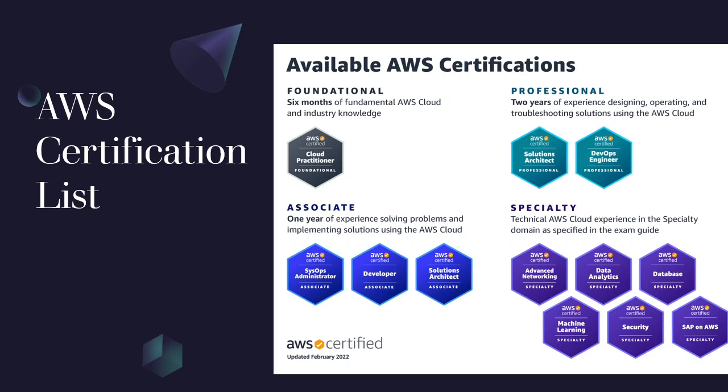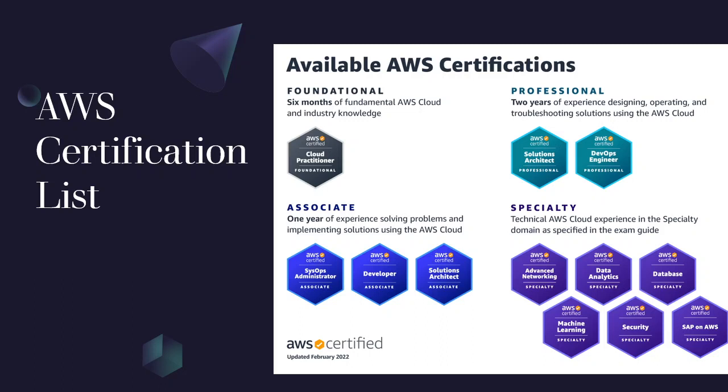For example, if you completed the associate level SysOps Administrator certification and still want to deepen your knowledge, my recommendation is to plan for at least 1 to 2 years and then take the DevOps Engineer Professional certification. If you're working on the Solutions Architect Associate, do not rush it. Plan your time for a 1 or 2 year timeline, then go for the Solutions Architect Professional certification.